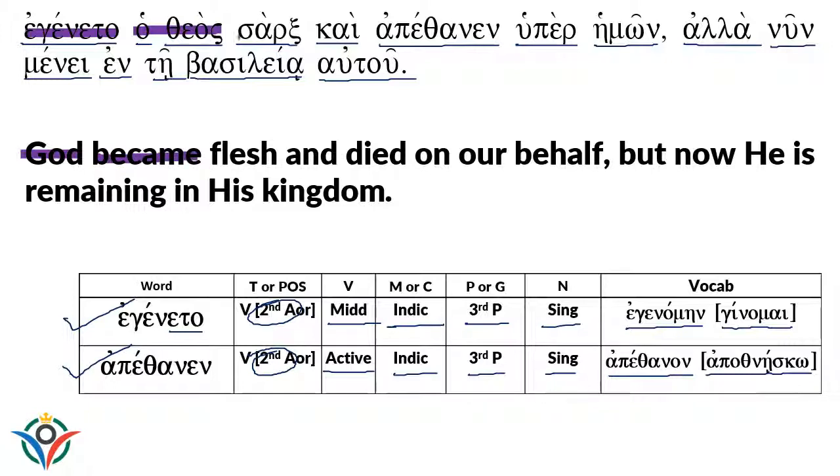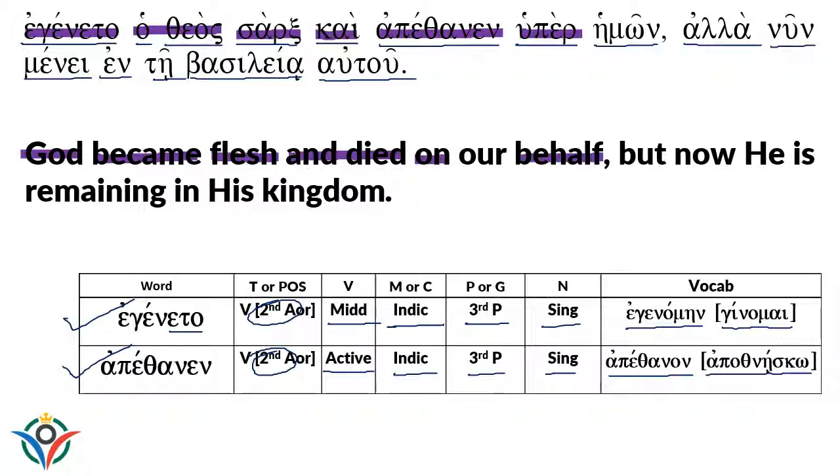And then we have sarx, flesh. And there sarx is functioning as a predicate nominative because it comes directly after a linking verb. Kai and apethanen, and died, and then we have huper, which is our preposition, "on behalf."